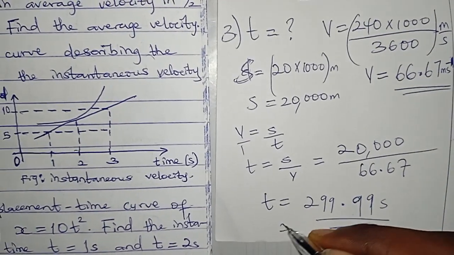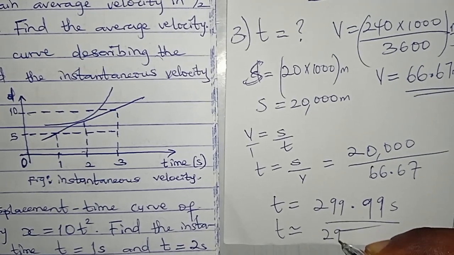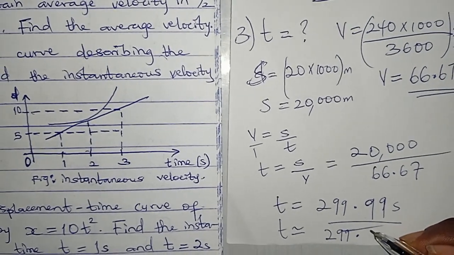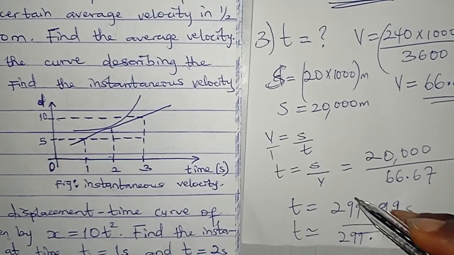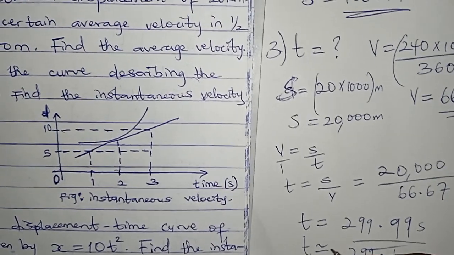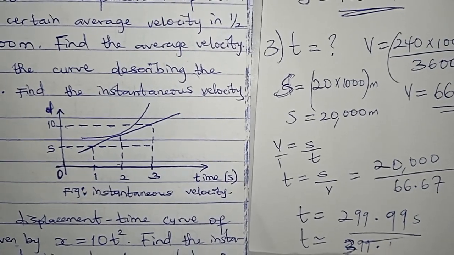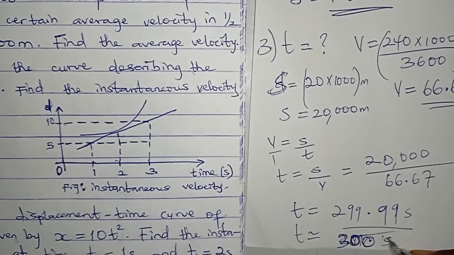So T is approximately 299.99, let's call it 300 seconds.